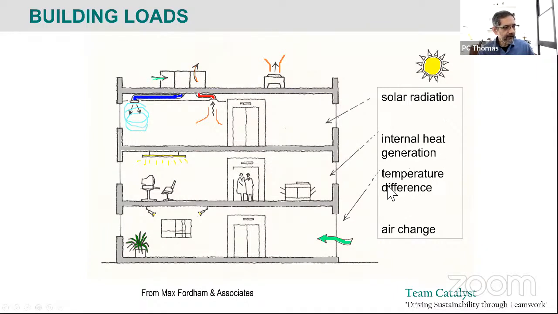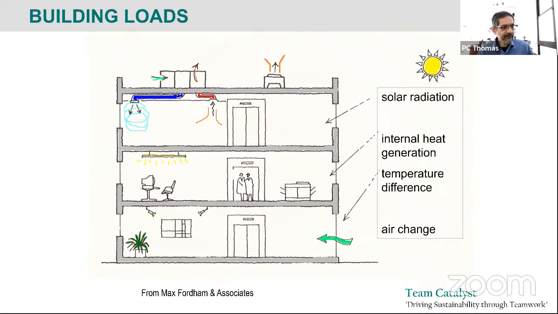Then, of course, there is the conduction load, which Mansi talked about. That is usually because of a temperature difference between inside and outside. And if you remember, when we were looking at the design condition for Delhi, we saw that in June, I think it was, the outside condition was 46.1 degrees.